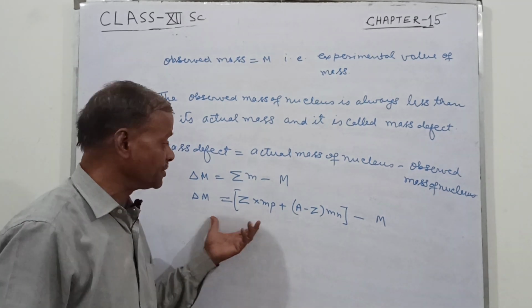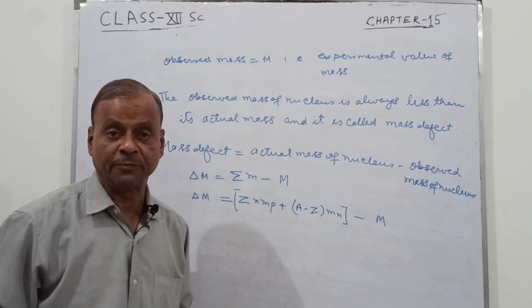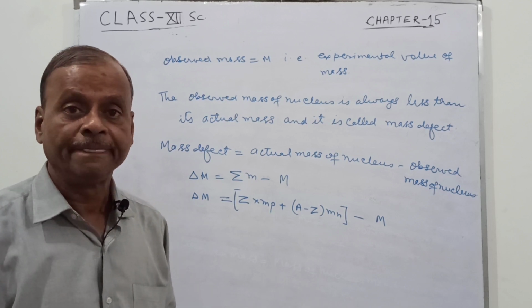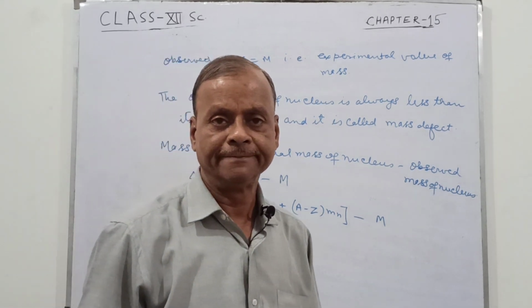So why is there this mass defect? Why are the observed mass and actual mass not equal? This is a very serious question.